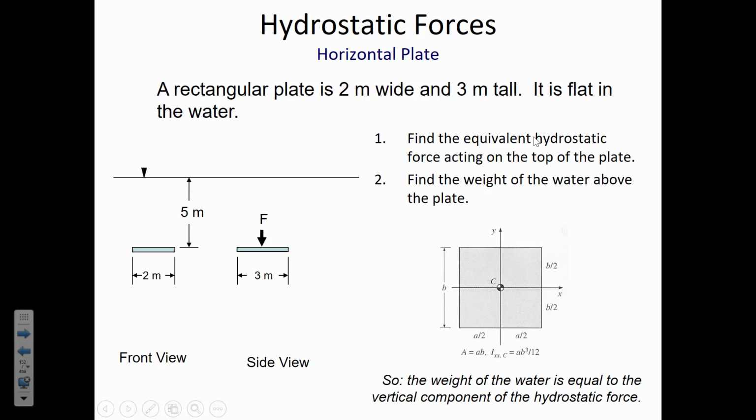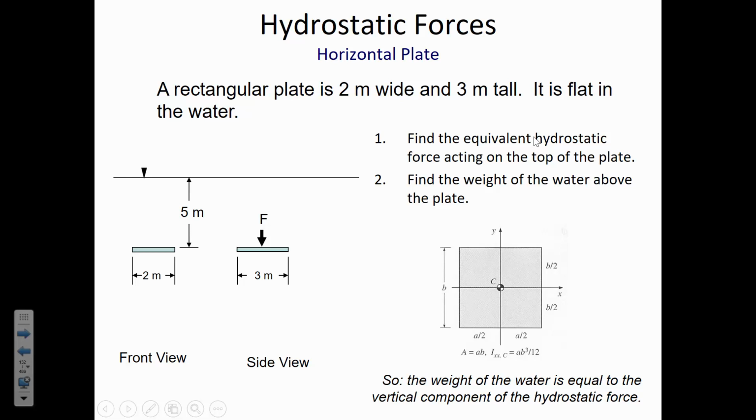And we're talking about water, so 9810 newtons per meter cubed for the unit weight, and then the area of the plate upon which the force is applied is 6 square meters. So the hydrostatic force, if we calculate it that way, is 294,300 newtons.